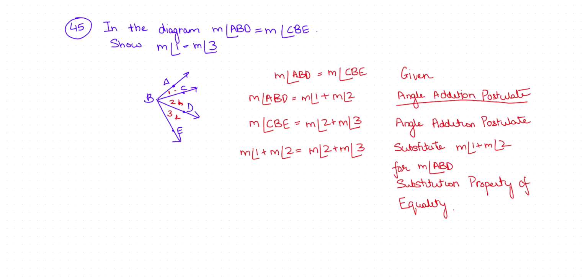So now we'll substitute angle 1 plus 2 for ABD in this. So this will give angle 1 plus angle 2 is equal to angle 2 plus angle 3.